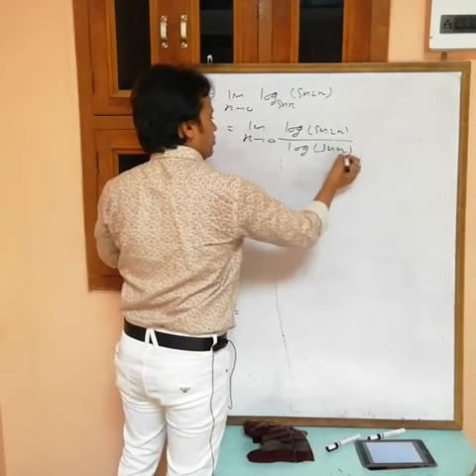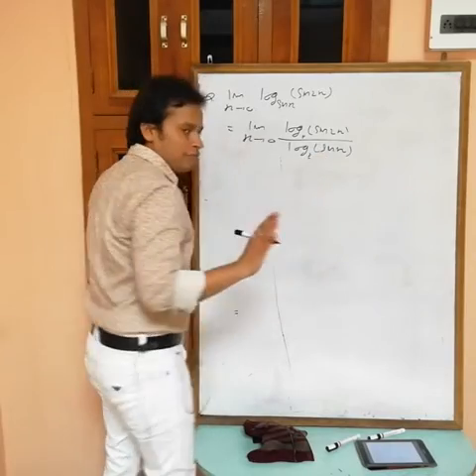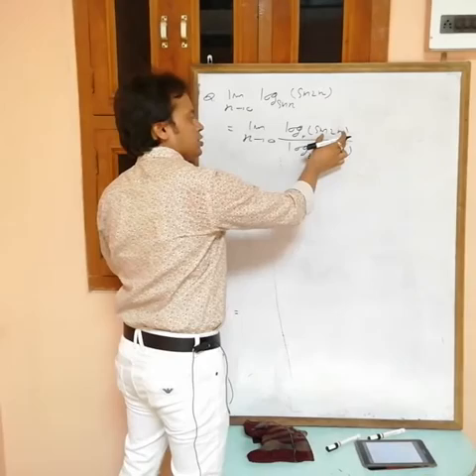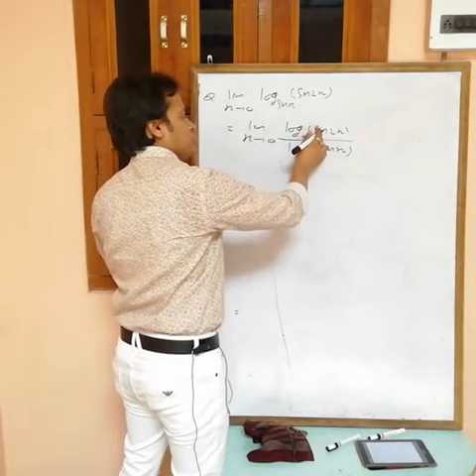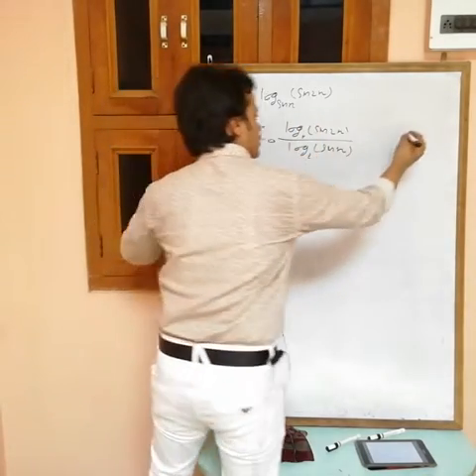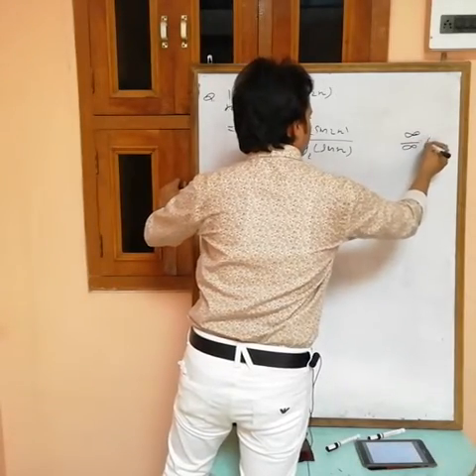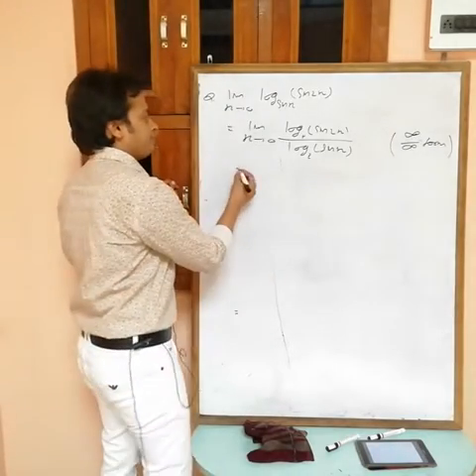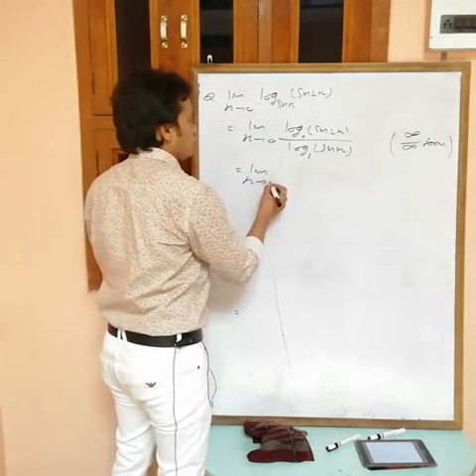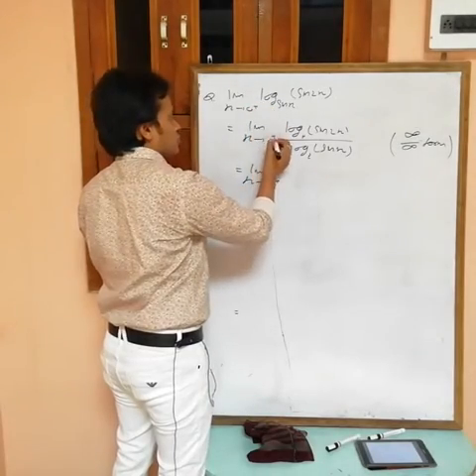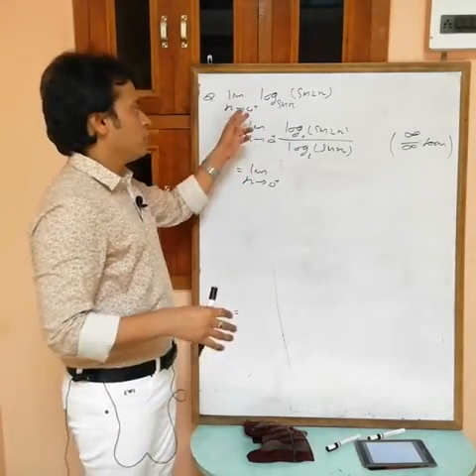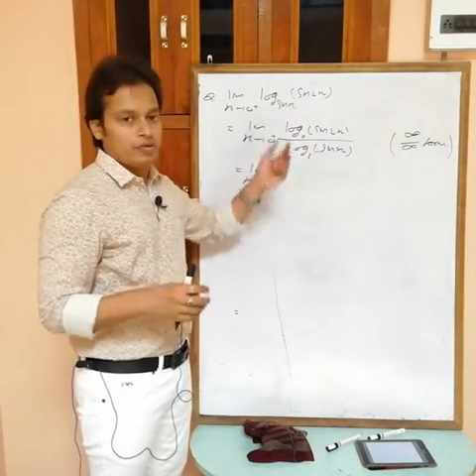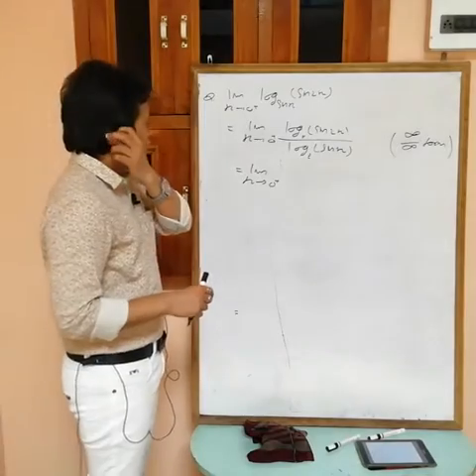Now you can use any base. Suppose I am using e by using the base changing formula. If you put x equals to 0, sine 0 is 0, log 0 is minus infinity, infinity by infinity form. If infinity by infinity form, then you can use L'Hopital rule. Limit x tending to 0 plus, here we use 0 plus, because if x tends to 0 only, then for 0 minus sine is negative and log is not defined, 0 plus is given.